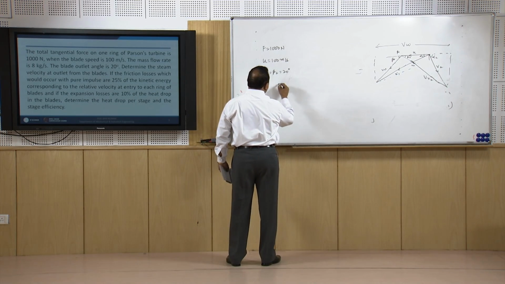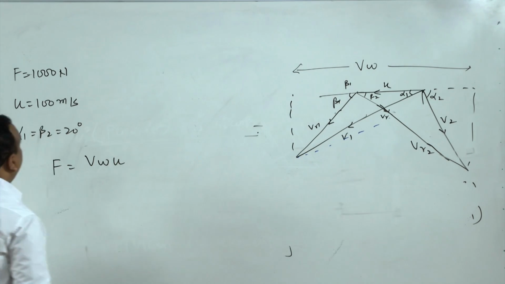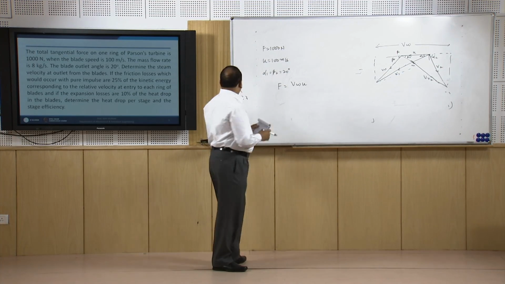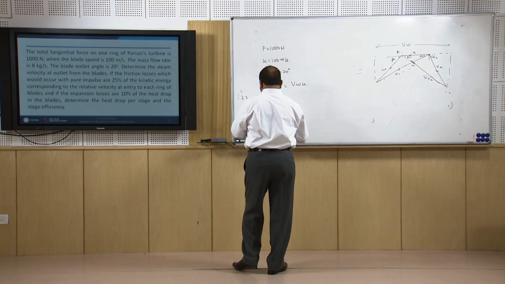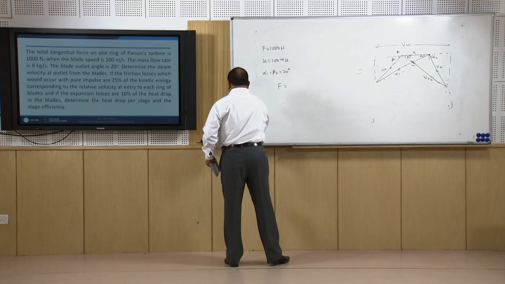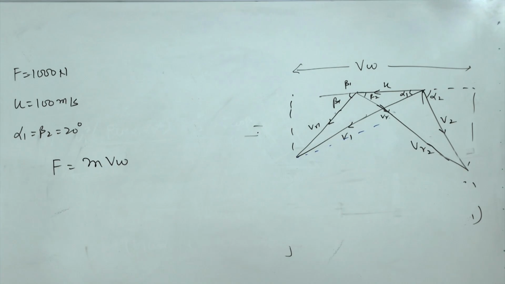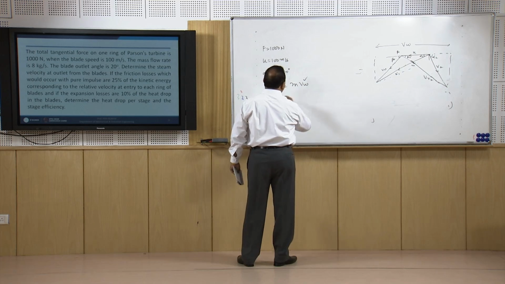So, force F is VW U, but because it is given in newtons, we will not divide it by 1000. So, force is m VW. Right. VW is not with us.